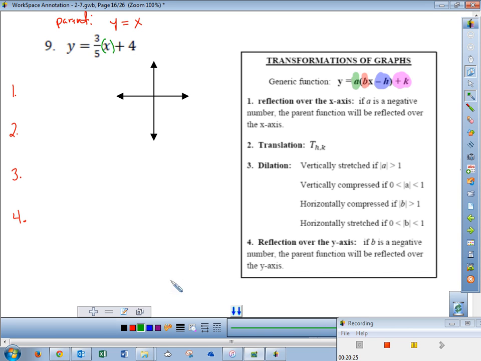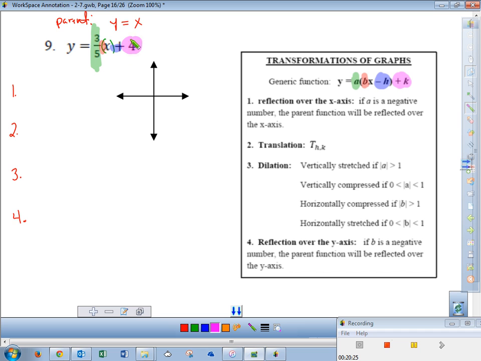So let me do my highlighting trick right there. I will highlight the green because isn't that in front of the grouping? Correct. I will highlight the red number, the number in front of x inside the grouping symbol. I will highlight the blue number. There really isn't one. And I will highlight the pink number. It's so easy that it's hard.